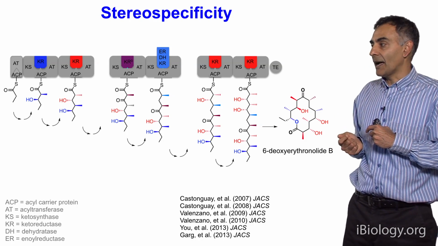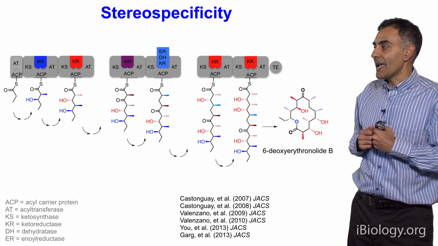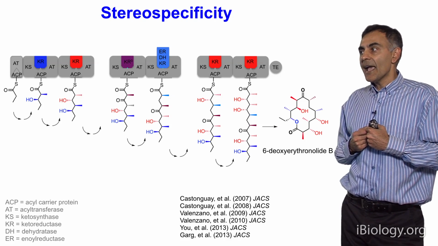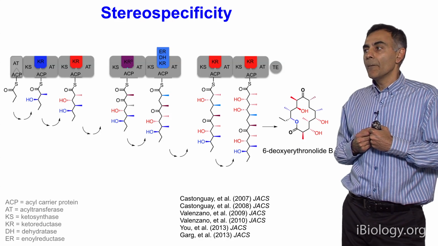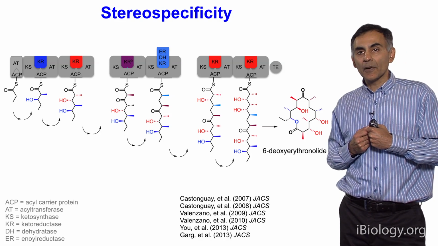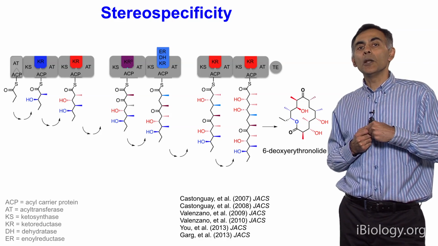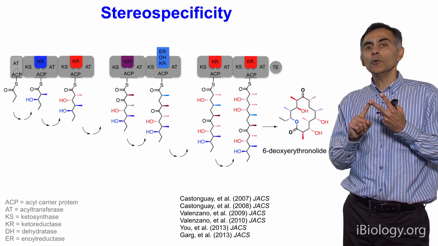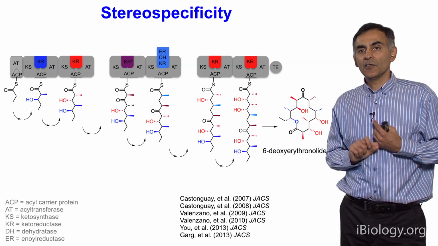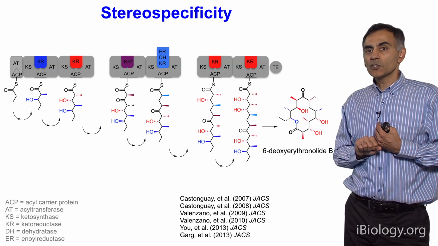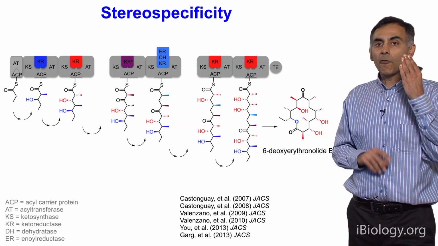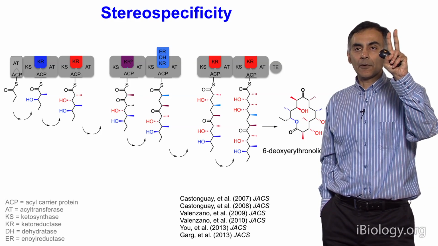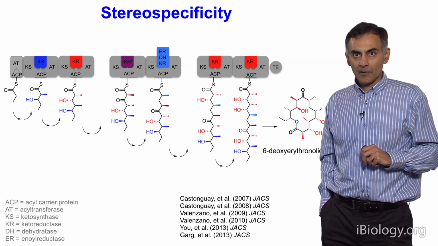Of the remaining 9 stereocenters, 8 are shown in red, and they are controlled by the 3 red ketoreductases and 1 blue ketoreductase in modules 1, 2, 5, and 6, respectively. So each of these 4 ketoreductases controls 2 stereocenters apiece.